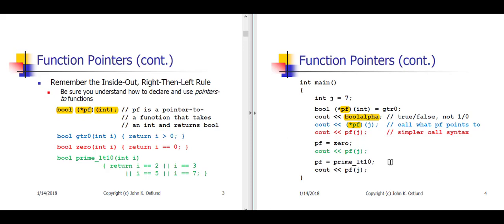So you may recall that if we had a pointer to a struct and we wanted to access a component of the struct, we would say star of the pointer in parentheses dot and then the component name. Well, here we're saying star PF in parentheses and then parentheses J to indicate that the value of J is the argument that we want to pass to this pointed to function.